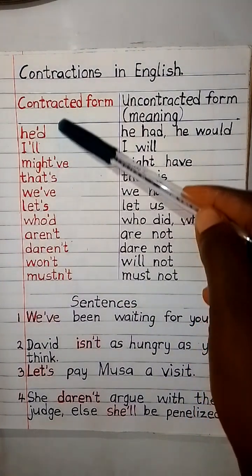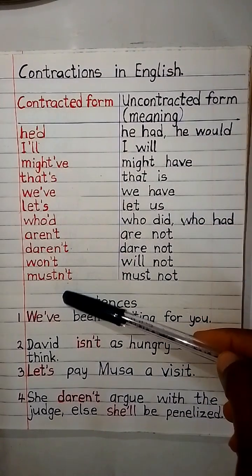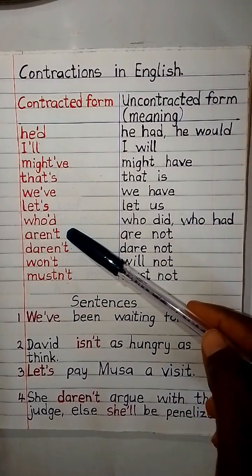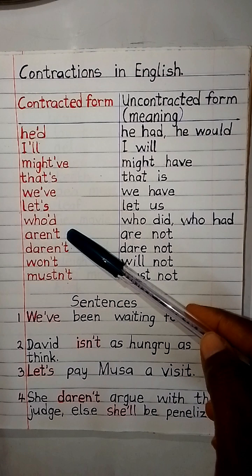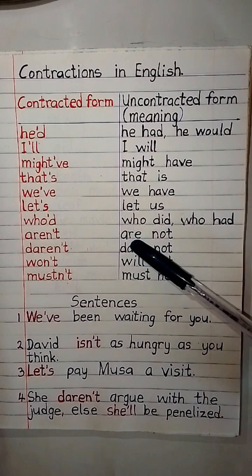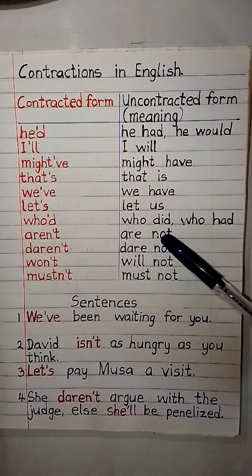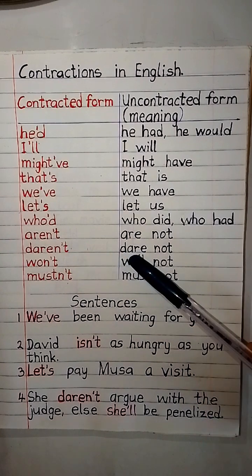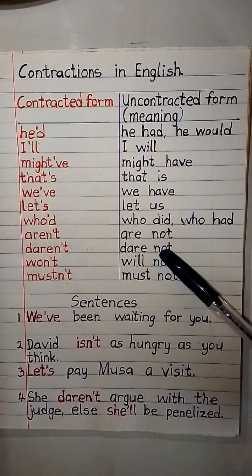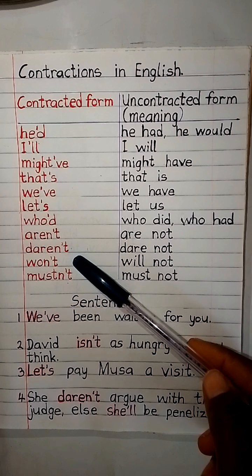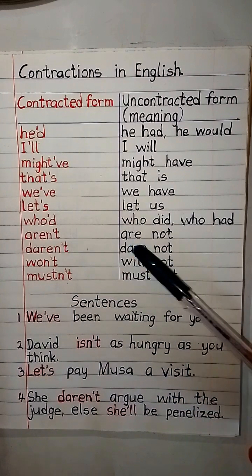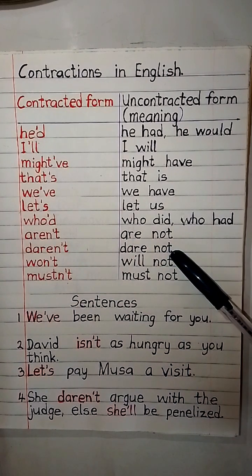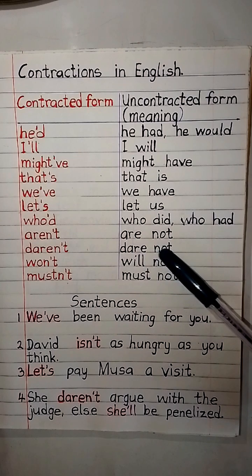Then let's go to the negative. These first ones are the positive and these ones are the negative. So this one is aren't, are not. Daren't, meaning dare not. Take it again. Daren't, meaning dare not.